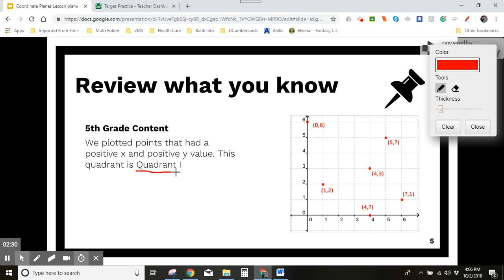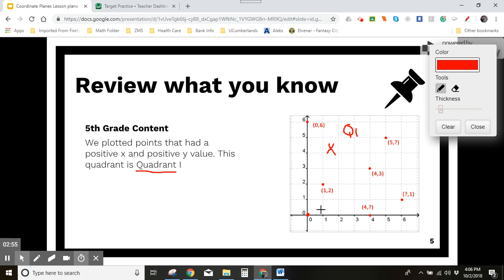So I am looking at a quadrant 1 coordinate plane. I start at 0, 0. If I was looking for this question mark to plot this point, I will start at 0, 0. My first ordered pair is my x value. So how did they get 5?